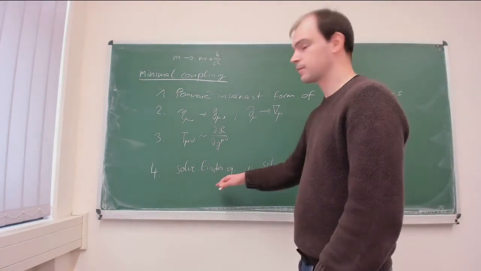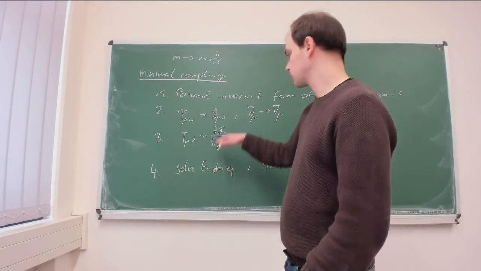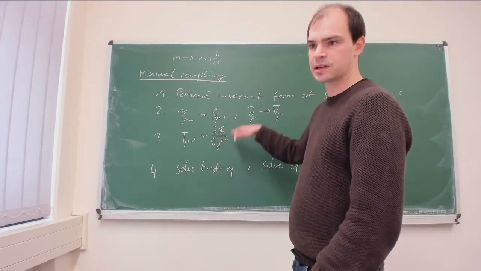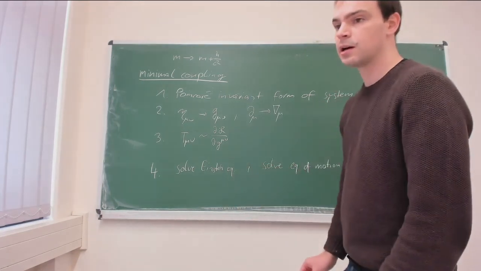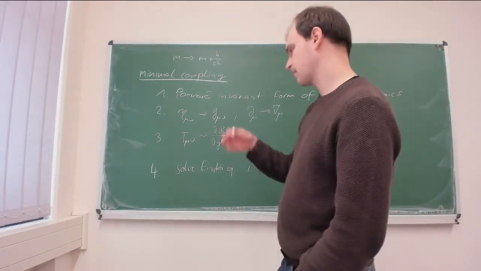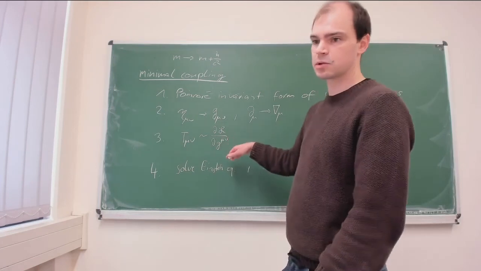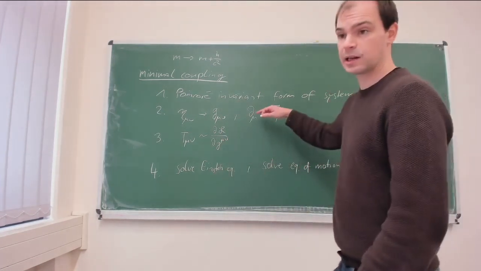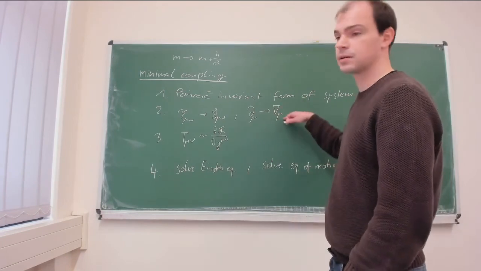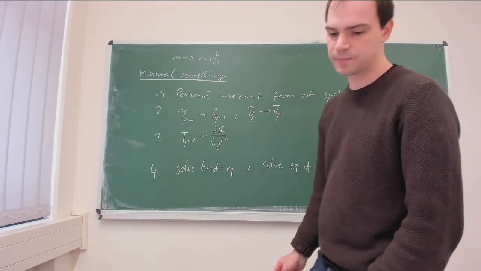So we don't even really need to do steps 3 and 4. We are already happy with just having an external spacetime and ignoring the back reaction and just talking about the dynamics of our particle. So we would be fine just going to here.